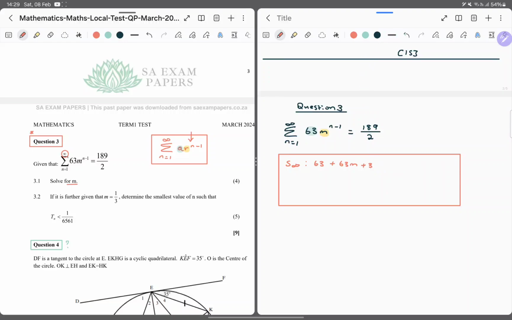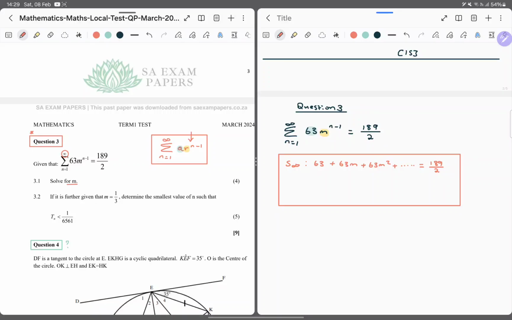At least you want 3 terms so that you can identify what it is in case you don't understand. But I find it a waste of precious time. Now, once we have 3 terms, we don't care. We show that this goes on forever. But now, what is the total? It's 189 over 2.